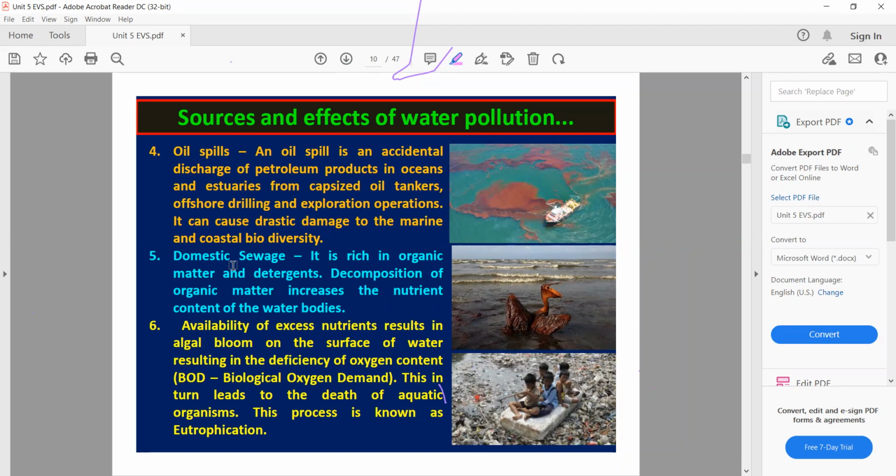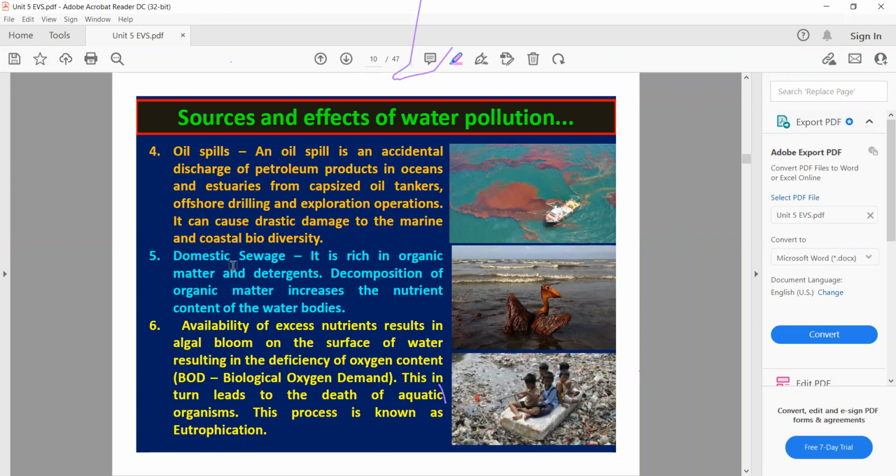Decomposition of organic matter increases the nutrient content of water bodies, right? Availability of excess nutrients results in algal bloom on the surface of water, resulting in the deficiency of oxygen content.